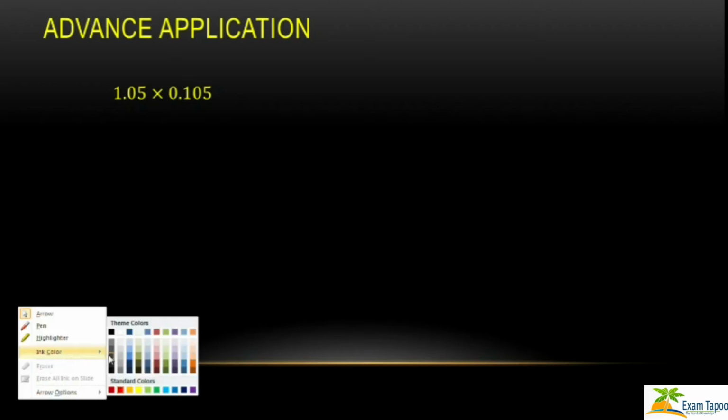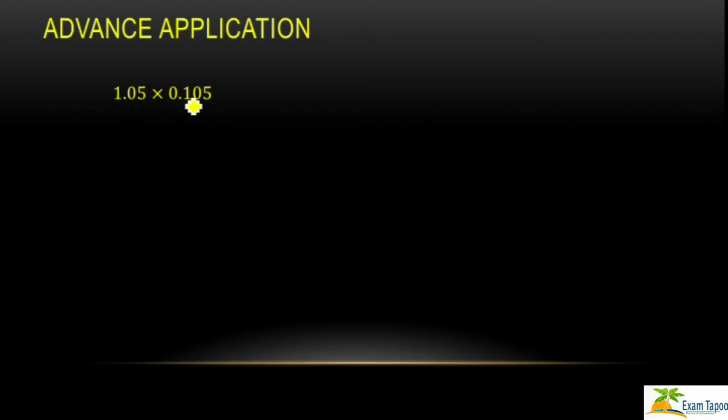Okay, let's see one more interesting example for this application of the technique of squaring. So let's see, there is a 3-digit number. If I take a 3-digit number as 1.05 and 0.105, so you can see this is a 3-digit number, this 1.05 and 0.105. I want to calculate the product of these two numbers.